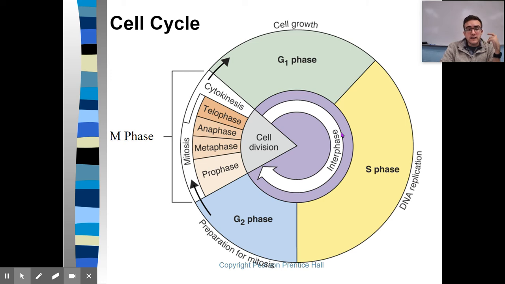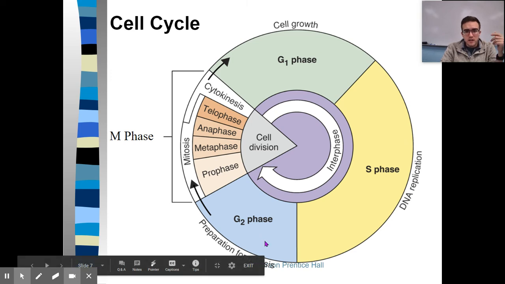All right. Interphase is made up of three different parts, G1, S, and G2. And we'll talk about what happens in each of these phases, but collectively, these three phases are known as interphase.